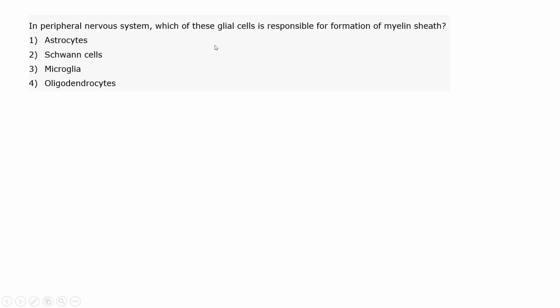In the peripheral nervous system, which of the glial cells is responsible for the formation of myelin sheath? Astrocytes, Schwann cells, microglia, or oligodendrocyte? Which may be the answer? In the peripheral nervous system, which of these glial cells are responsible for the formation of myelin sheath? Yes, I am getting option number 2. Anyone else?